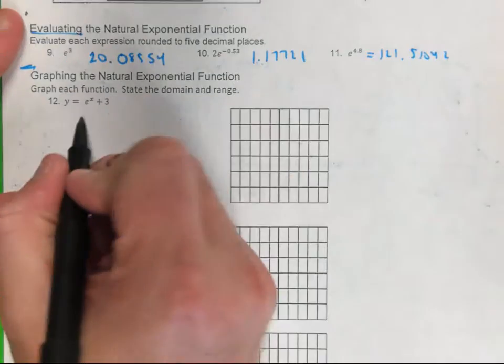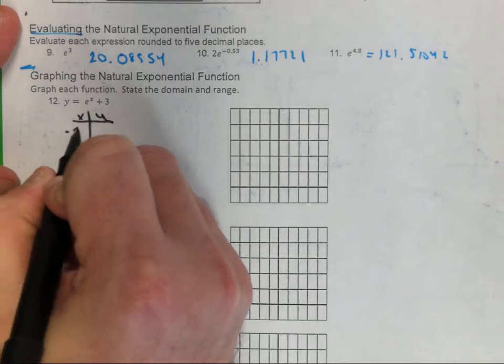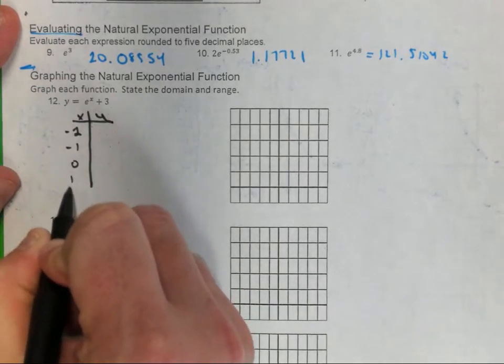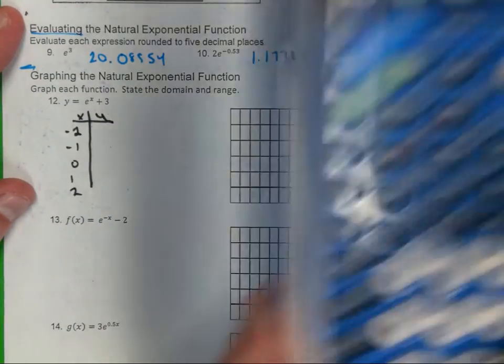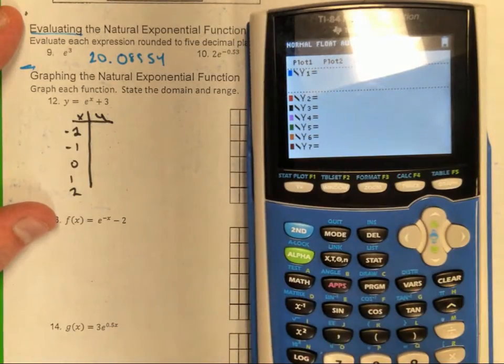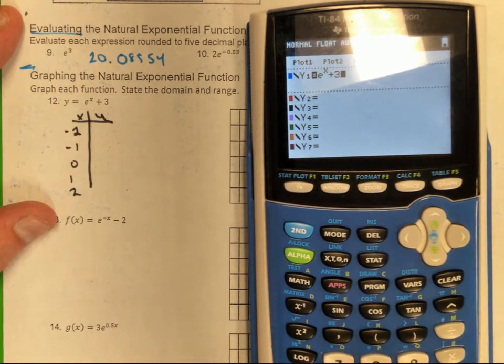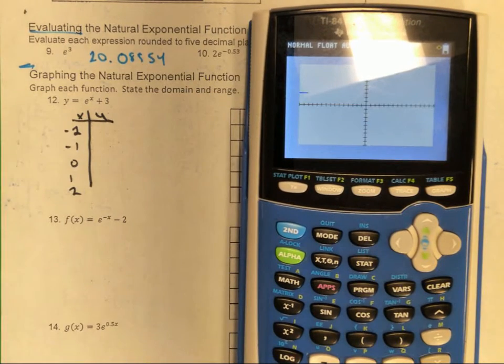Alright. So I'm going to write a table. What values am I going to put in there? -2, -1, 0. Very good. So I'm going to input that. Plus 3 is going to have an effect on my range. It's going to be approaching 3. I look at my calculator, indeed that is what's happening.